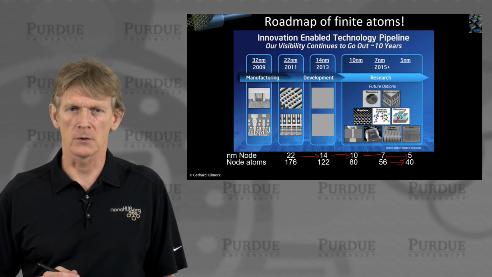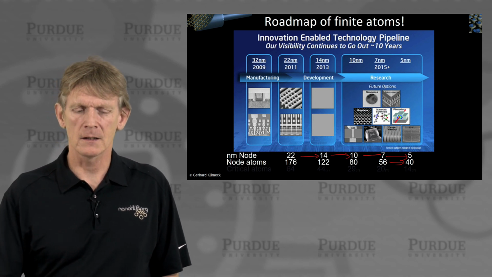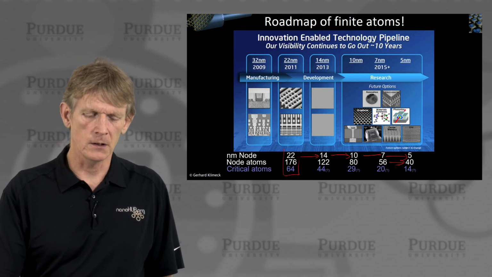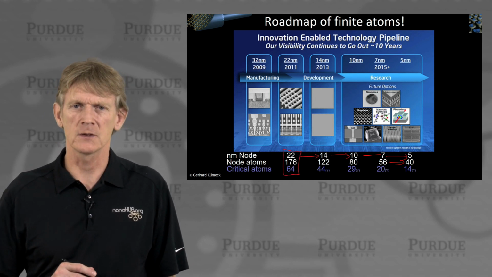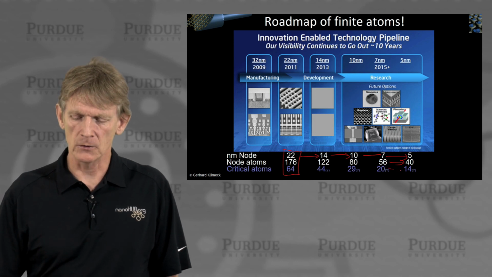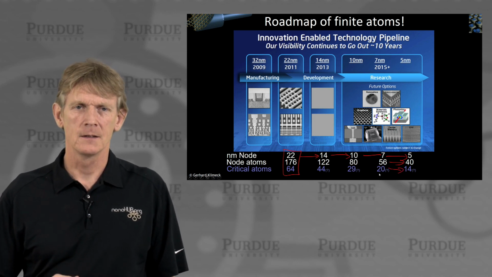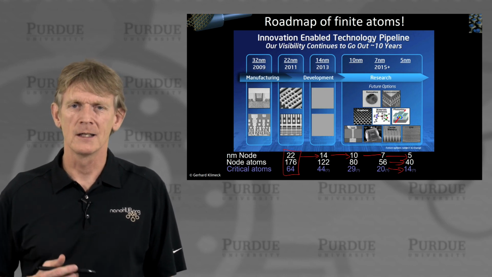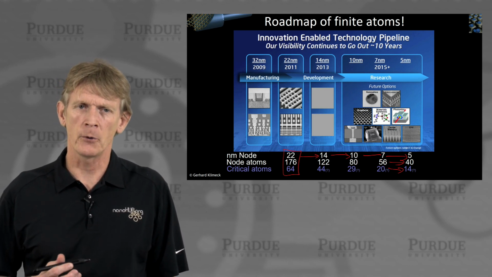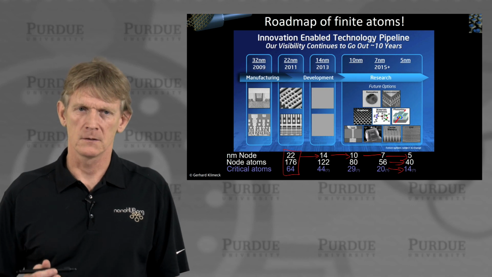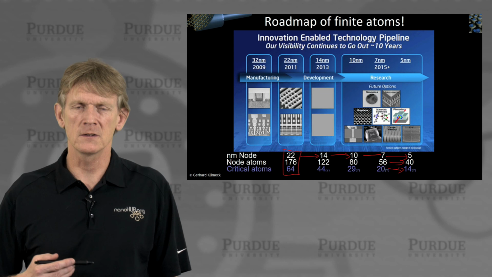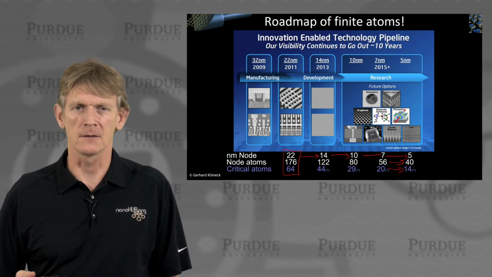That's incredibly short. Now, if I look at what I call the critical atoms, for the 22 nanometer node I showed you 64 atoms in the cross-section. That goes down to tens if the geometry doesn't change. This is just a rough idea. The point is, it's incredibly small, incredibly countable, and it's not a continuum representation of matter anymore.